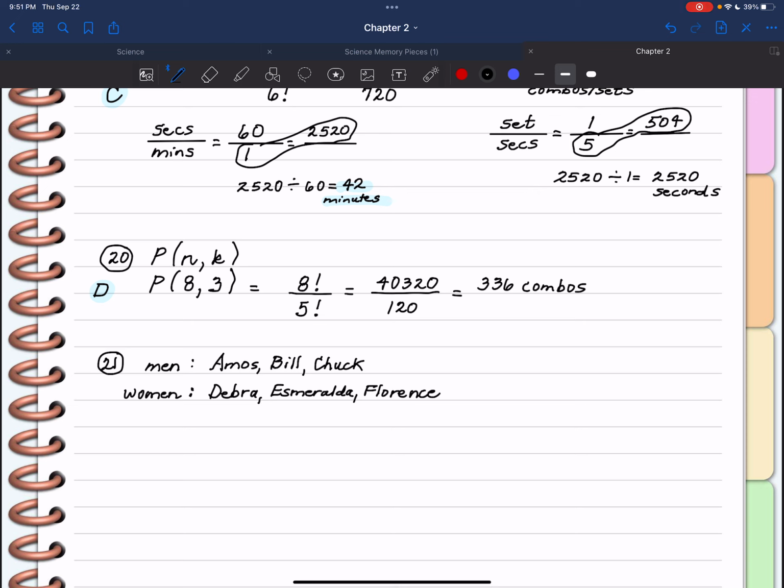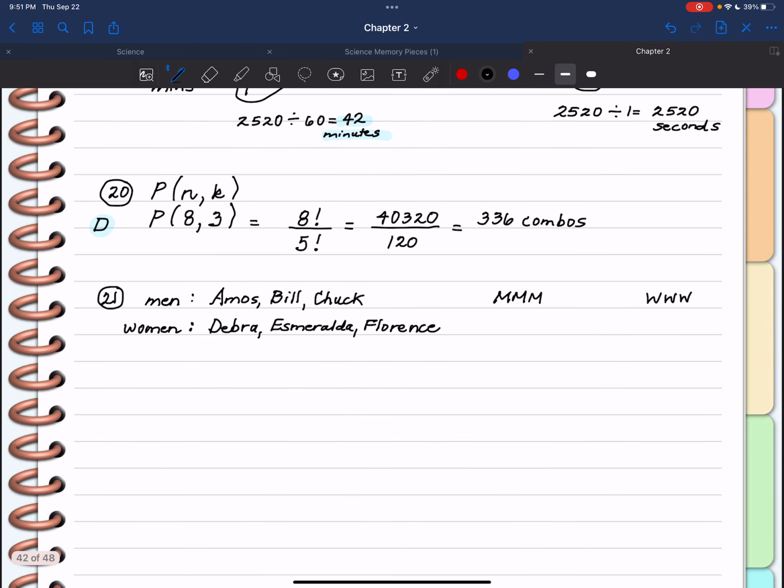Okay, here's what we have to remember. They want the men on the left and the women on the right. So we have to figure out two permutations here. Let's move this over just a hair.